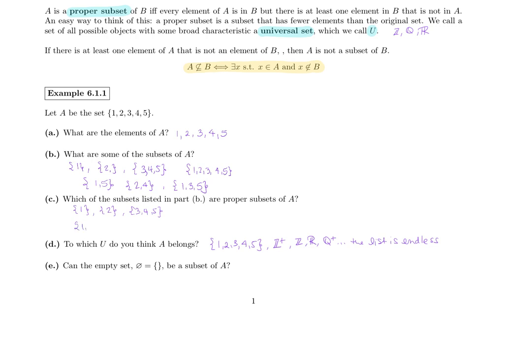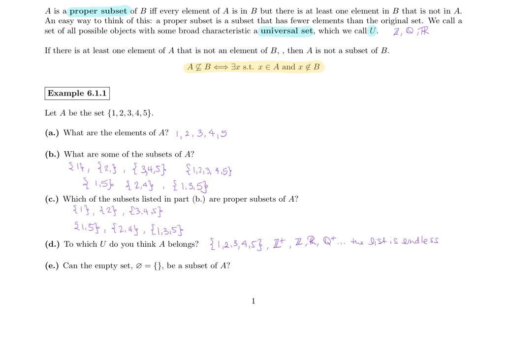Let's see here, 1, 5, 2, 4, and 1, 3, 5. Those would all be our proper subsets. And this is really the only time we're going to talk about proper subsets. So I just wanted to give you that idea of the difference between a subset and a proper subset.